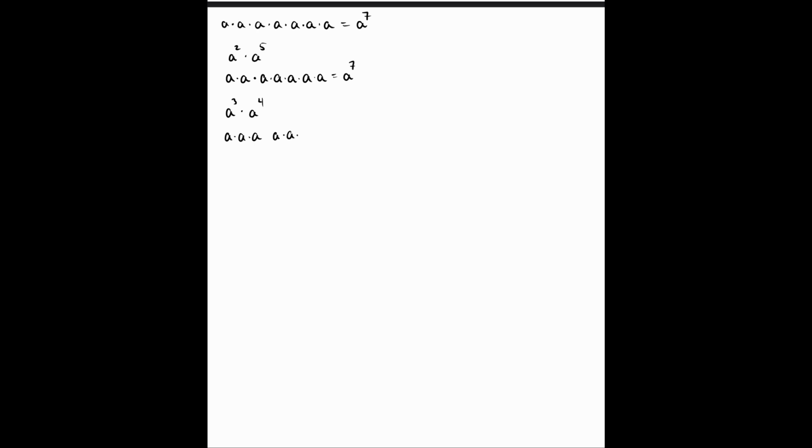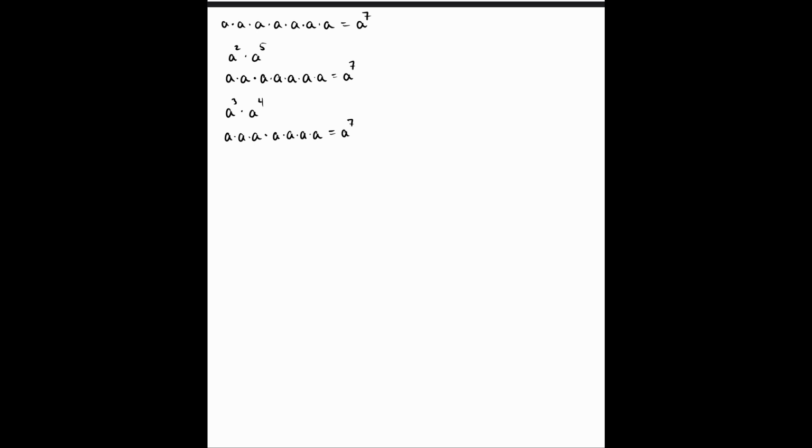A times a times a times a, 4 times. And we're supposed to be multiplying these two because that's what the original expression says. So let's multiply all these, and well, look at that. We have a multiplied by itself 7 times. So again, we could rewrite this as a to the 7th again.